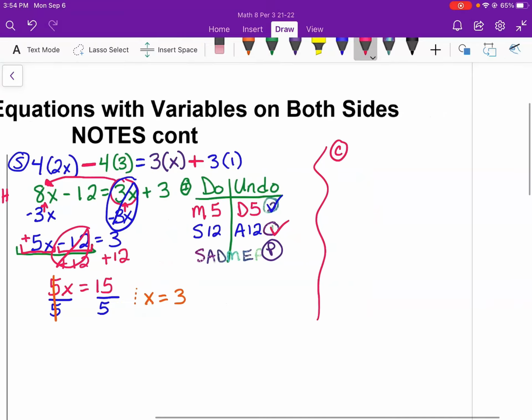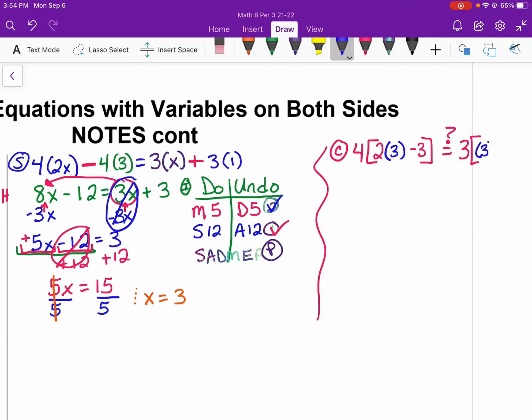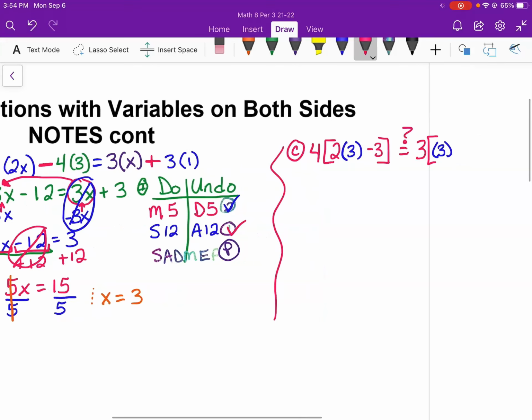And I always have to go back to the original equation. So I've got 4 times 2 times, I think x is 3, minus 3, question mark equals, remember, we just built a fence. You can no longer go from side to side because you built the fence. Again, replace the x with a 3, plus 1.